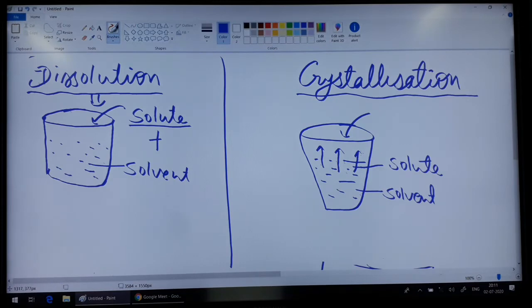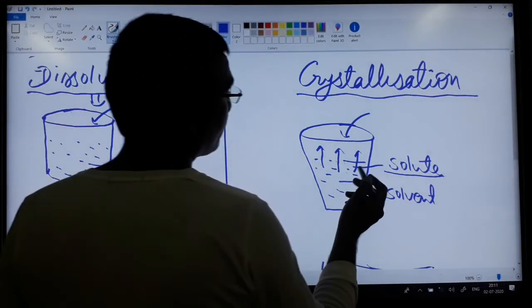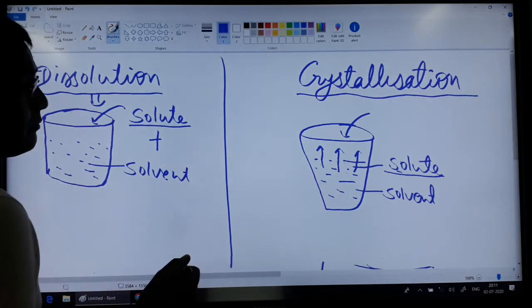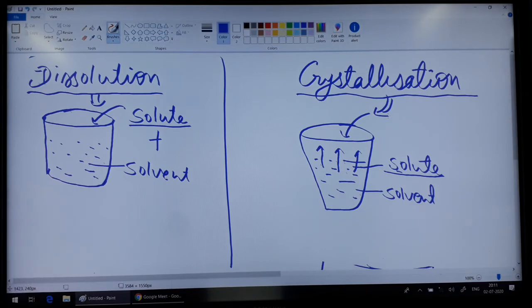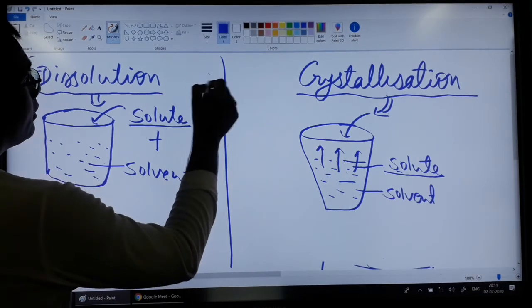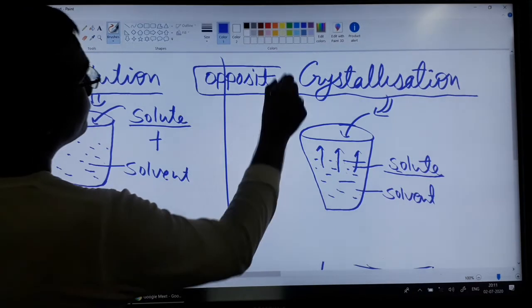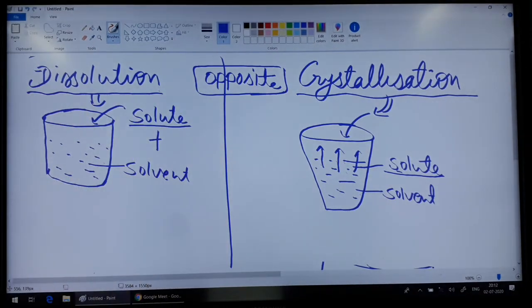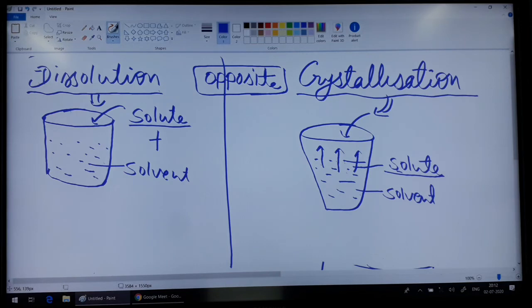So this process, in which after some collision between solute particles, some particles of solute escape from the solution, is called crystallization. Dissolution and crystallization are opposite to each other. In dissolution, solute is dissolving in the solution. In crystallization, the solute particles are coming out of the solution.